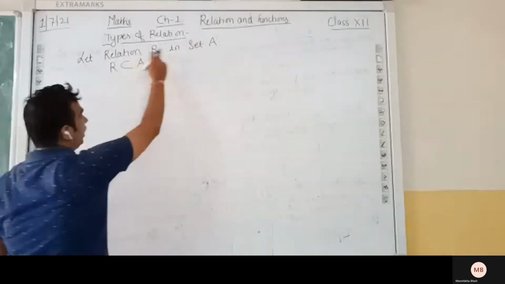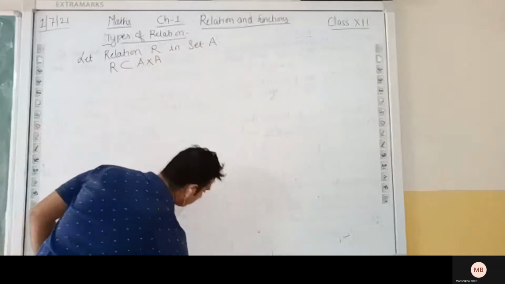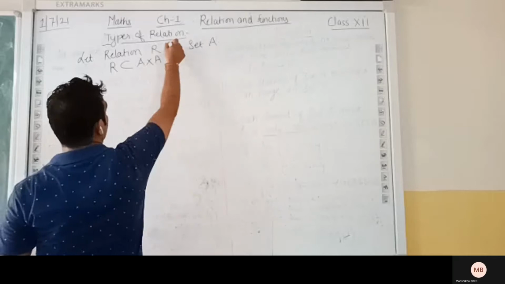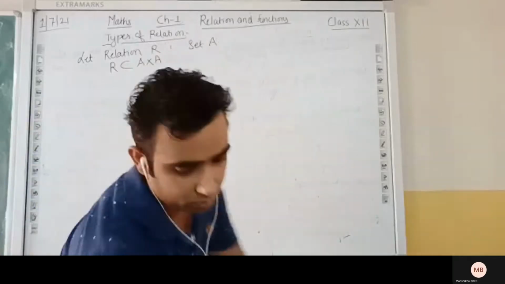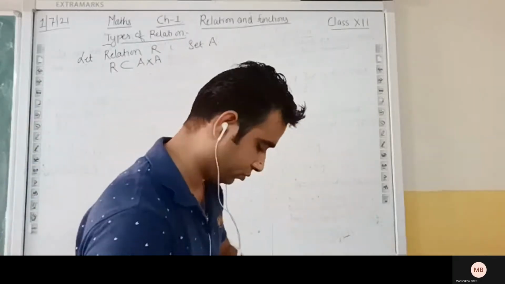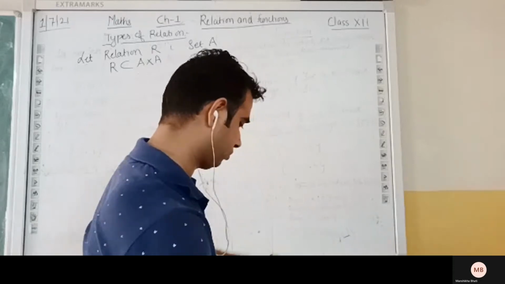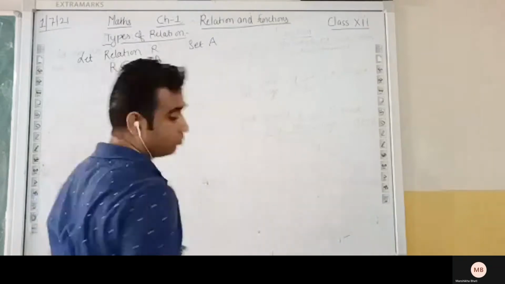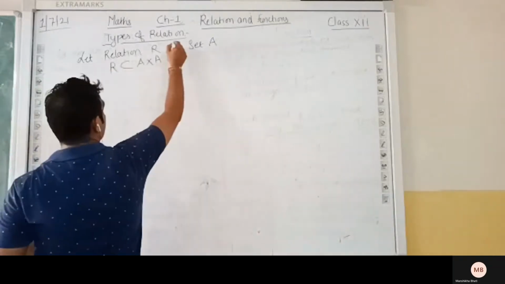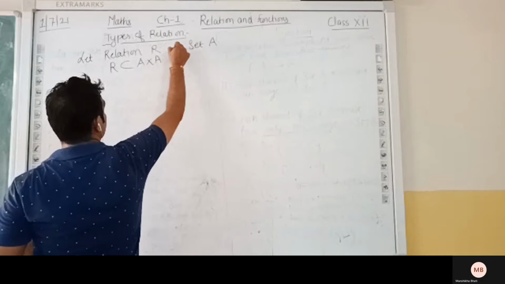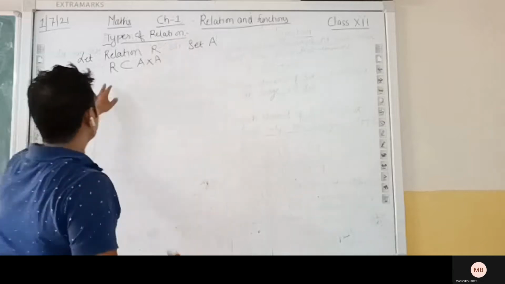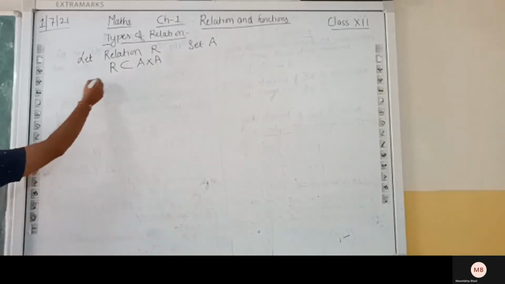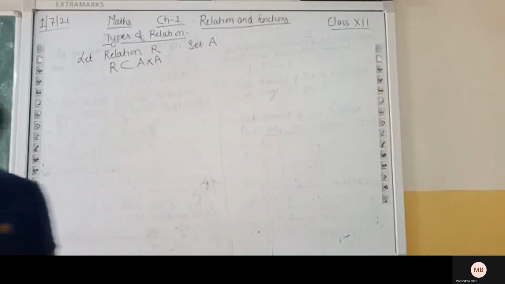Okay, and here the relation R on set A, relation R on set A, are subsets of the A cross A. Now, here we see having the relation from the set A to set A.